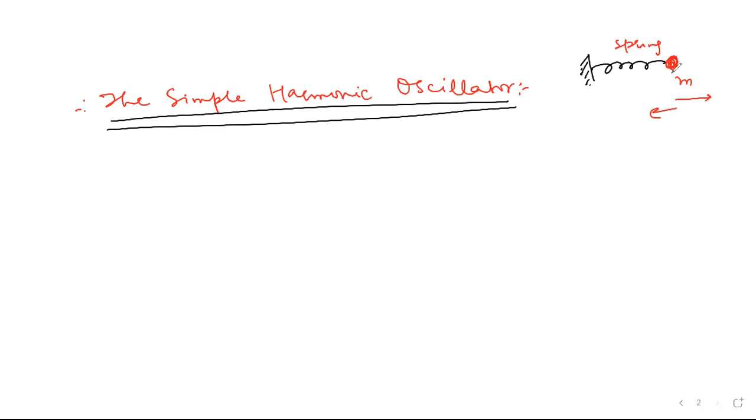In oscillation, there are three positions of importance. One is the mean position, and there are two extreme positions. And there are certain physical quantities related to any oscillation.